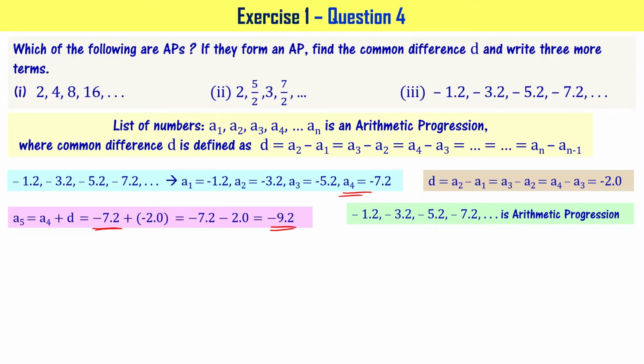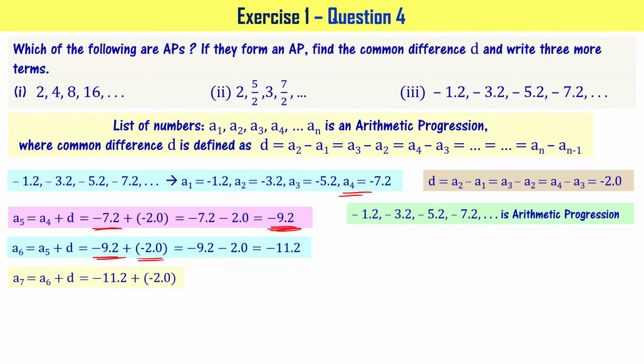Now A6 can be written as A5 plus D. That is going to be minus 9.2 coming from here plus minus 2.0, that is equal to minus 11.2, right? Now let me write A7, that is A6 plus D, that is minus 11.2 plus minus 2.0, that is equal to minus 13.2, right? So now we have the additional 3 terms.